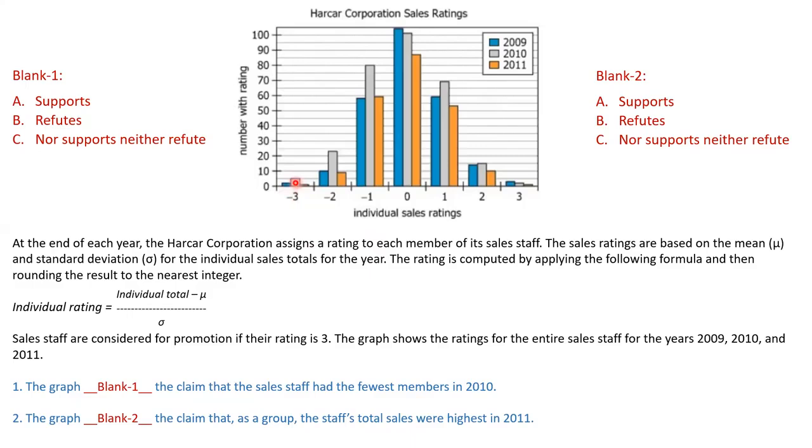Similarly, 2010, how many were the total? Notice this would be the middle one, right? Which is 5 plus 24 plus 80 and so on, plus this, plus this, plus this, plus this.